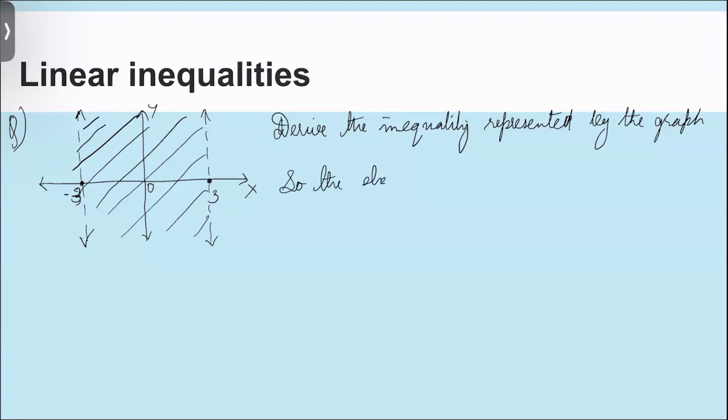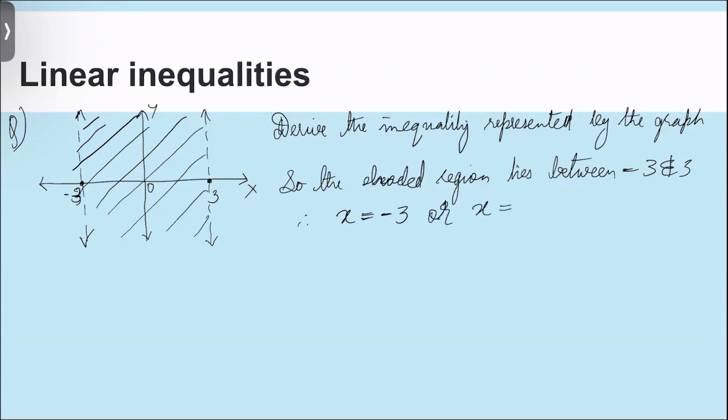So the shaded region lies between -3 and 3. Okay, so therefore you have x either being equal to -3 or x is equal to 3.